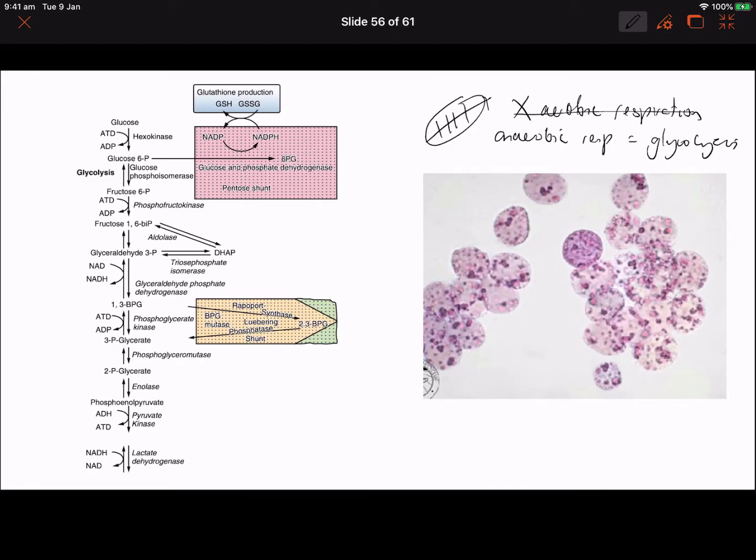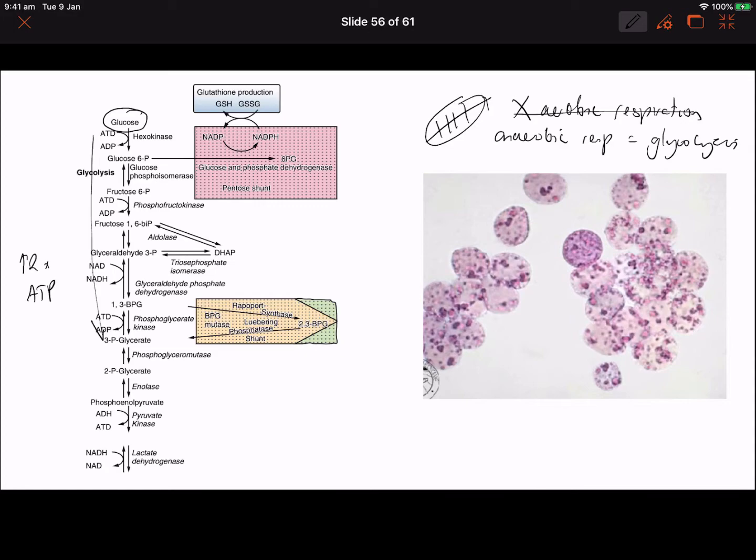Now we'll see what happens to glucose. Glucose can be metabolized through glycolysis, and it produces 2 molecules of ATP. We learned a bit about that in one of the previous parts.